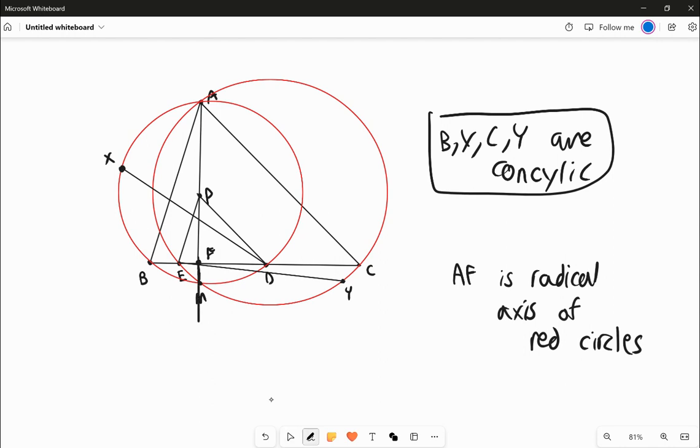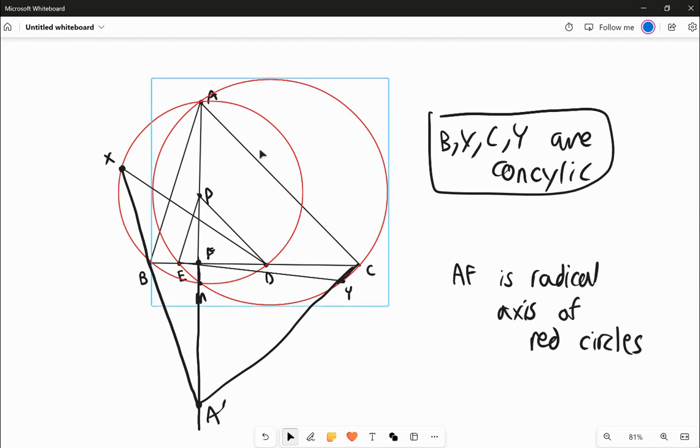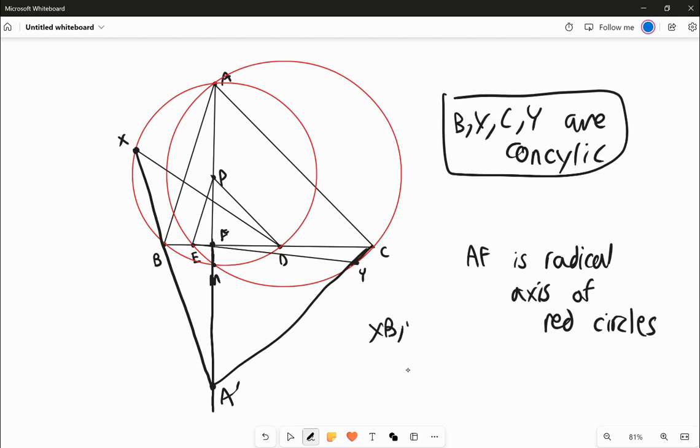Whenever you extend these, if they intersect at a point, say A prime, and they intersect on AF, then A prime B times A prime X is equal to A prime Y times A prime C. Recall this technique that I used inside the IMO video for 2008 IMO Problem 1, making it easy with radical axes. So we wish to show that XB, YC, and AF concur.